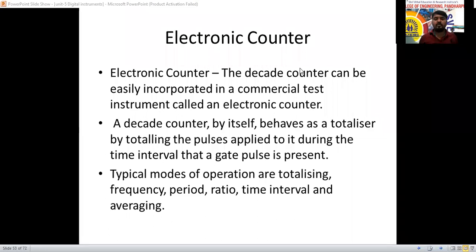We can measure frequency, the time period, and the ratio of two frequencies. We can also consider the total time interval of a complete waveform for a particular time and average that value. Like that, there are different modes of operation for this electronic counter.